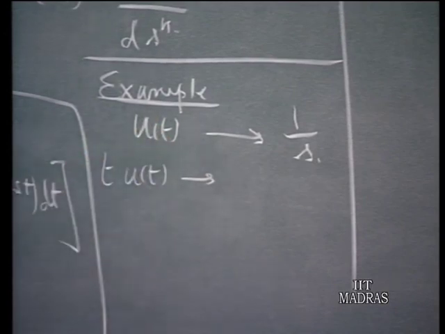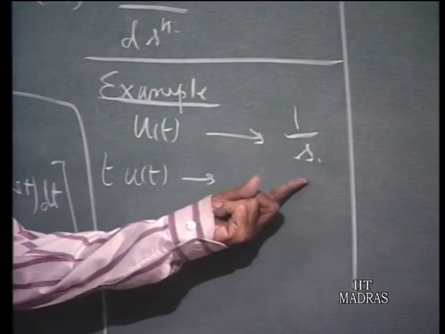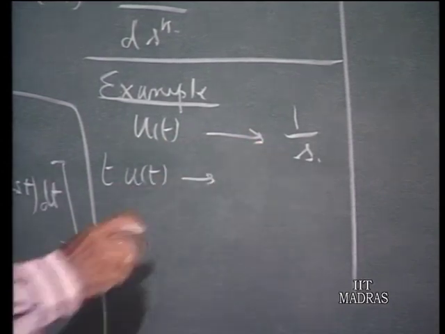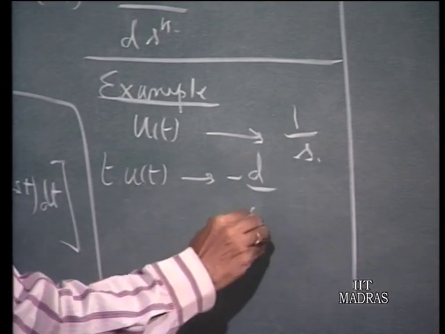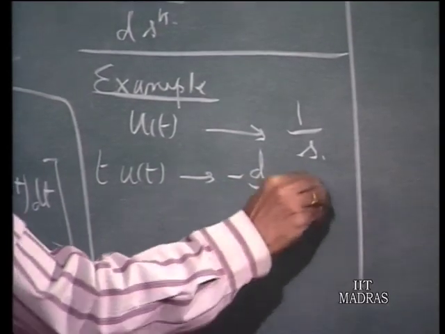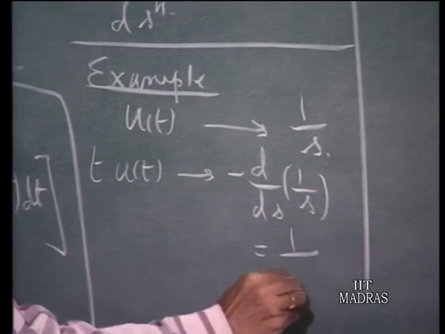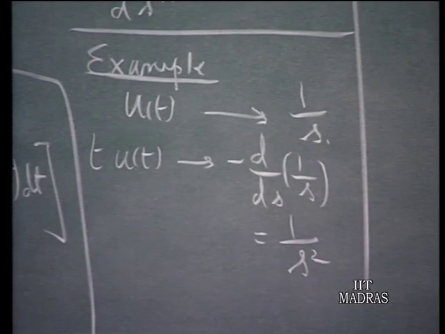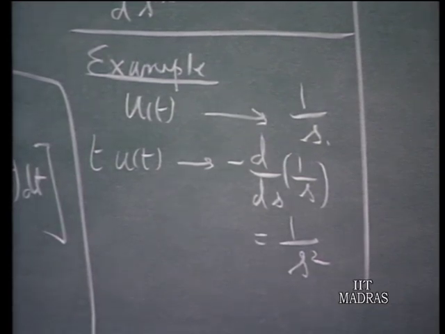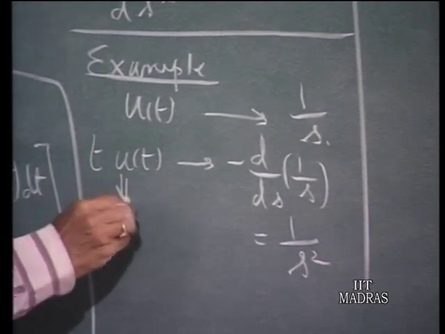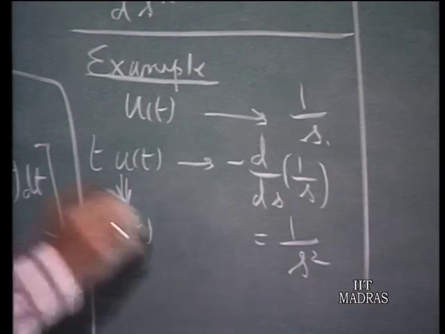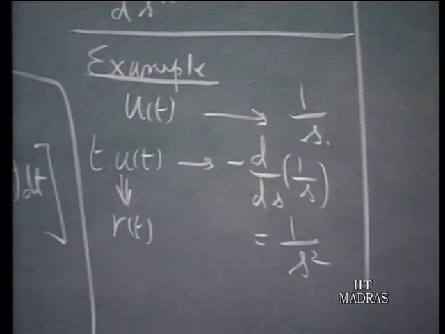I multiply this by t, then you must take the negative of the derivative of this with reference to s, minus d by ds of 1 over s, and that is 1 over s squared. And t u(t) is indeed r(t).